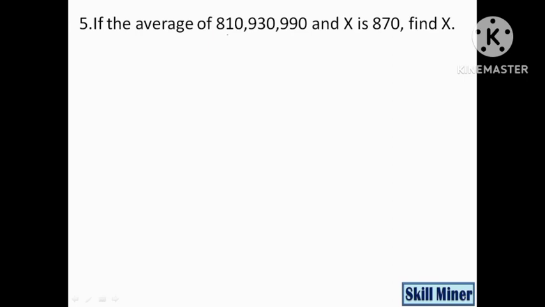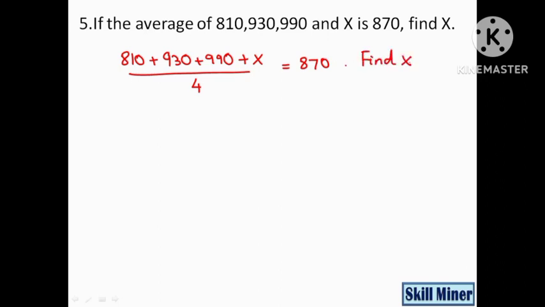If the average of 810, 930, 990 and X is 870, find X. Okay, the question gives that there are 4 numbers: 810, 930, 990 and X. The average of these 4 numbers is 870.